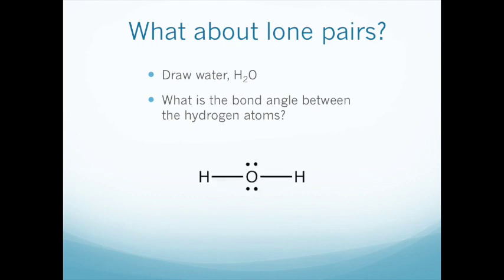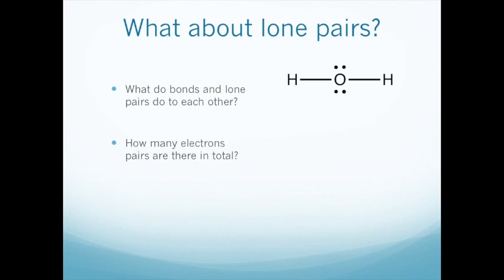We set the molecule up with our 2 single bonds between hydrogen and oxygen, and then our 2 lone pairs. The lone pairs repel each other, and the bonds also repel each other. And if we count the total number of pairs, there are 4 pairs.